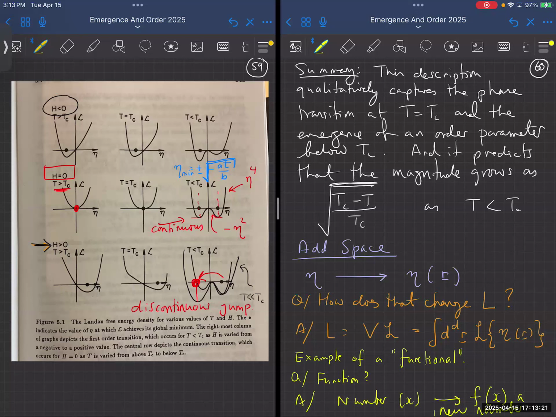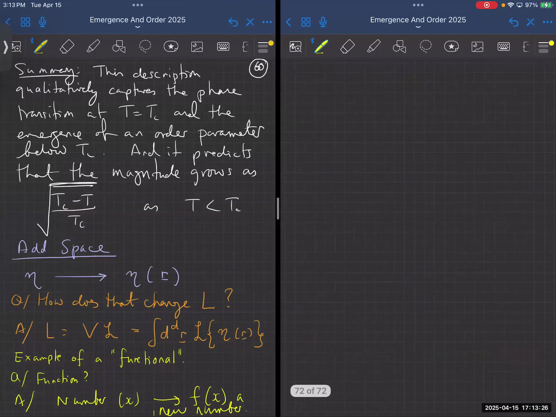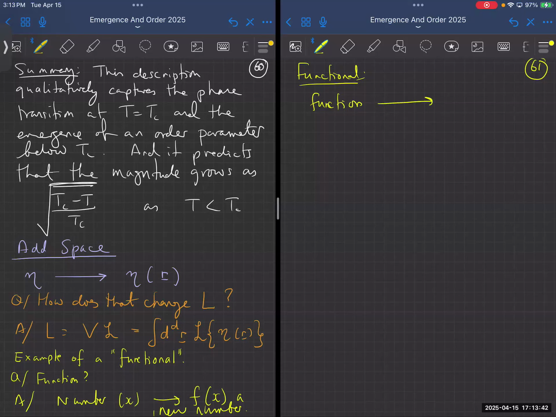So it's a map from one number to another number, that's what a function is. Okay, so what is a functional now? It takes a function and turns it into a number.